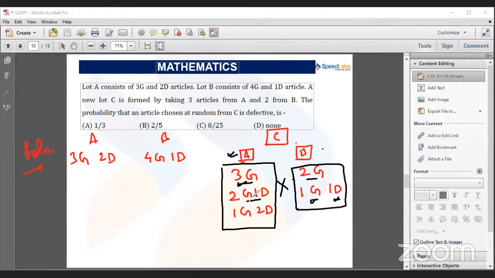Okay. Total ways of choosing 5 articles would be the product of these two.